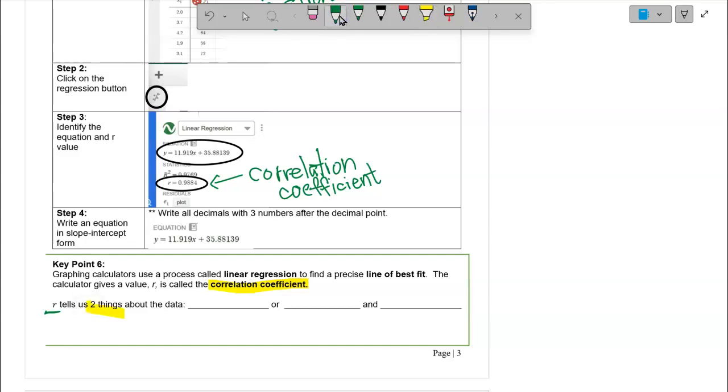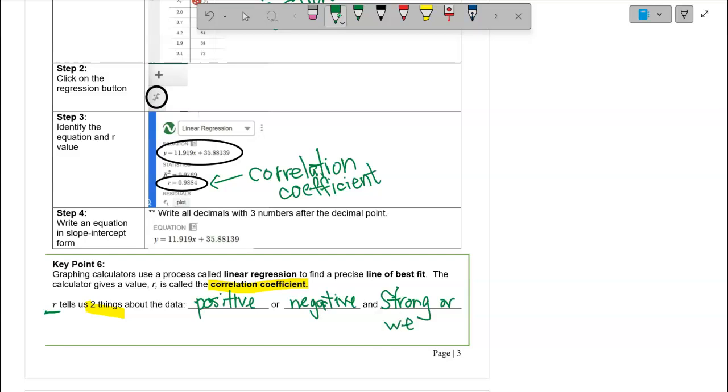One, whether the data is positive or negative. And the second thing, whether it's strong or weak. Sorry, I left out the second blank.